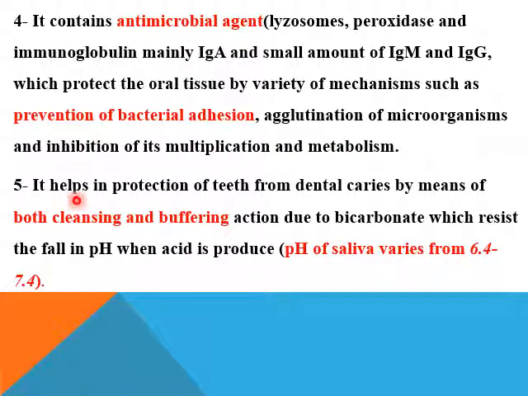Also, saliva helps in protection of teeth from dental caries by means of both cleansing and buffering action due to bicarbonate, which resists a fall in pH when acid is produced by bacteria and causes dental caries. The pH of saliva, as we said before, varies from 6.4 to 7.4.